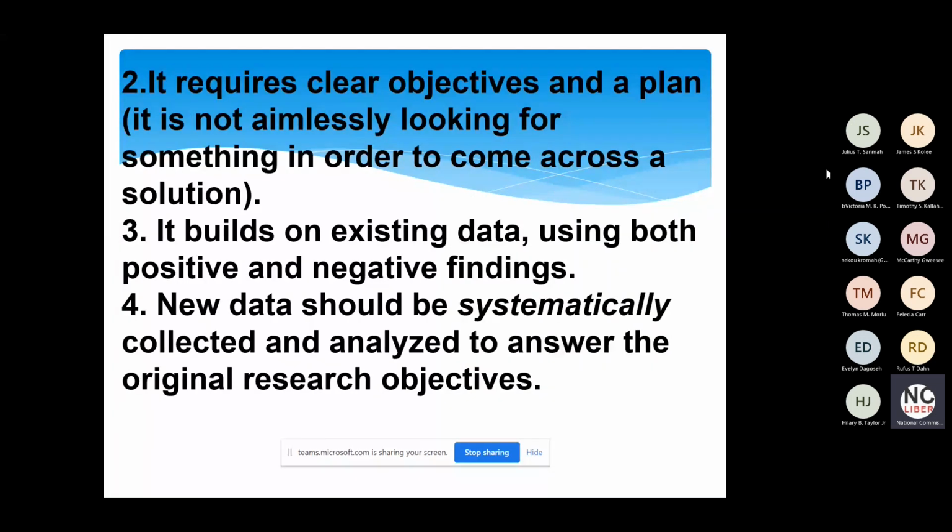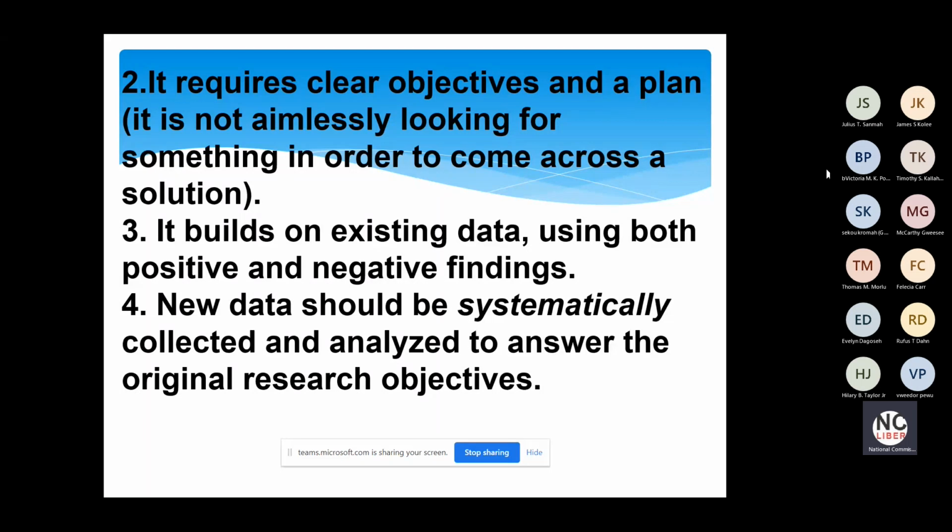The second thing you need to do is that you have to have clear objectives. You have to be able to state those things you hope to achieve at the end of the research work.